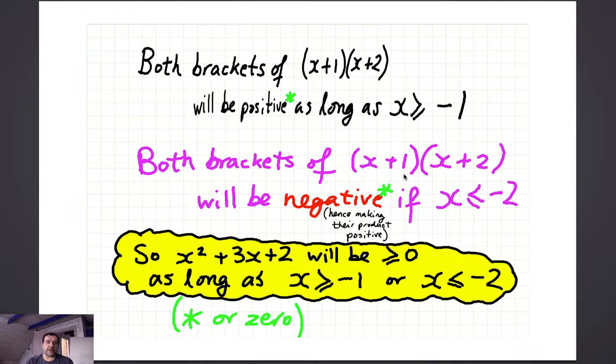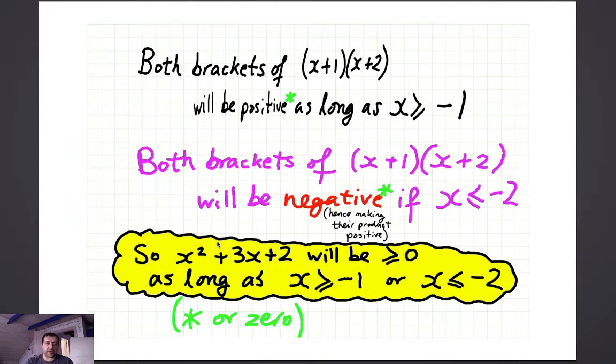Both brackets of x plus 1 times x plus 2 will be positive or 0 as long as x is greater than or equal to minus 1, because then you get the first one being 0 and the second one being something more than 0. Both brackets will be negative or 0 if x is less than or equal to minus 2, because then you get the first one being negative and the second one being 0 or negative.